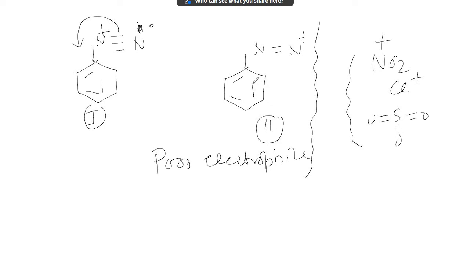Hence, if the benzene ring is not activated by some substituent which increases the electron density in the benzene nucleus, no diazonium substitution takes place. So the precondition for the diazonium substitution reaction is that the ring should be activated by a group such as OH or NH2 on the benzene nucleus.